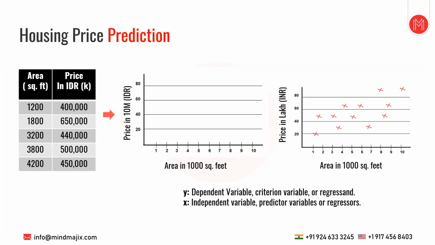Let's put all the samples in this graph. Here y is the dependent variable. It is also known as the criterion variable or the regressand, whereas x is known as the independent variable. It's also known as the predictor variable or the regressor. Once all samples are plotted in this graph, you get an idea of the linear relationship, like how area increases and price also increases.